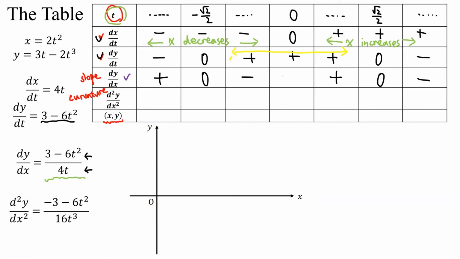And when t approaches 0, dy over dx diverges either to positive infinity or negative infinity. Again, dy over dx means the slope of the graph, so it means that the curve increases here and decreases here and increases here and decreases here. And now the curvature: from here we can find out that curvature is positive here, diverges here, and negative here.